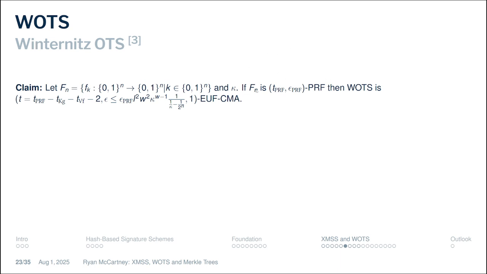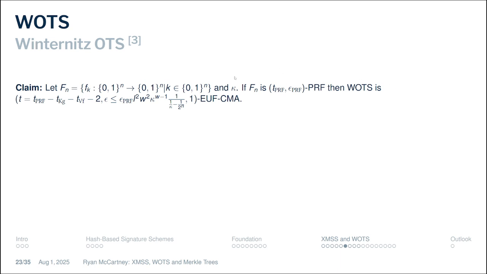We now say that fn is a polynomial time pseudo-random function, with epsilon the advantage of the pseudo-random function. When we have this pseudo-random function family fn, Winternitz one-time signature scheme is this polynomial time and this epsilon existentially unforgeable under chosen message attack. And this second part you have to look up if you don't know it, because it's a standard definition.